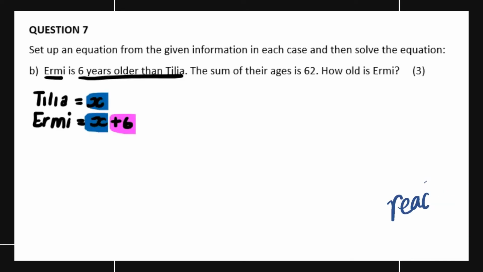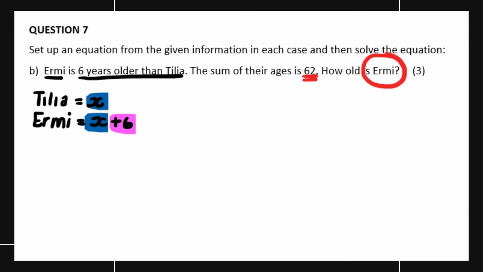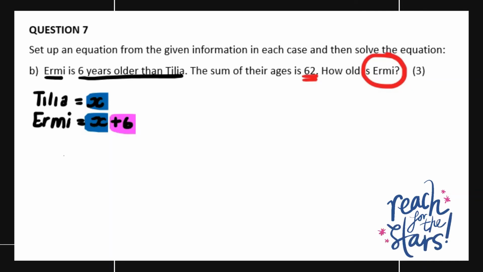The next part of this now says that together their ages equals to 62. And our final part of this question that we need to answer is, what is the current age of Army now? So to do this, we would start off by adding the two ages together.